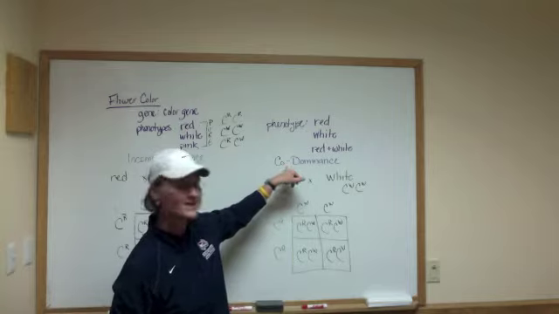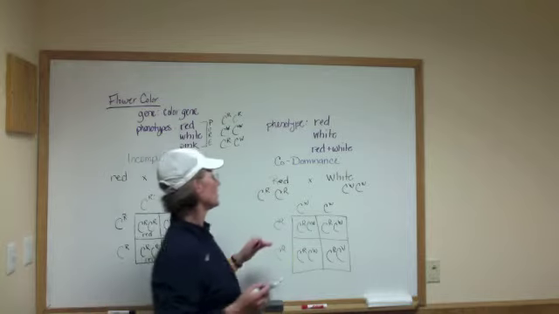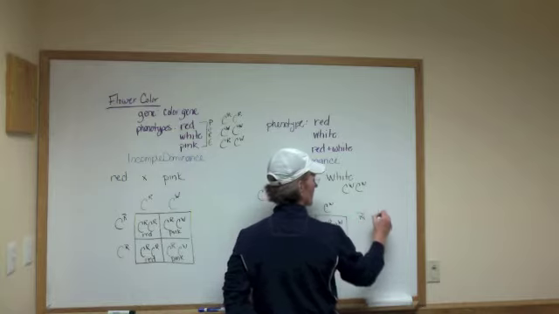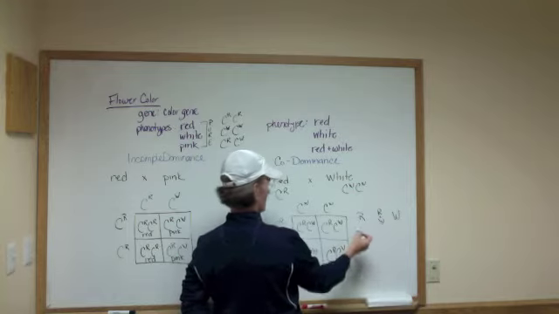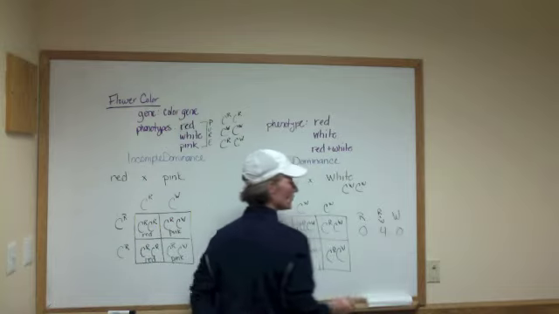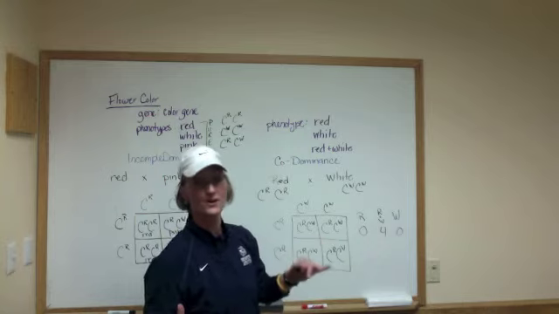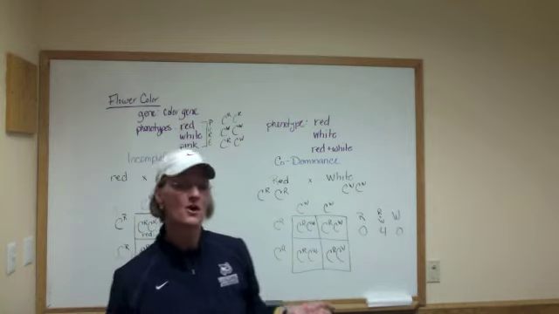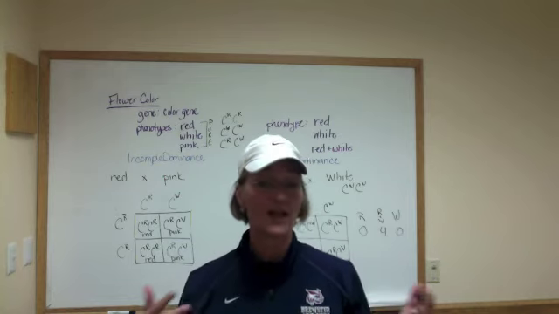If it's codominance, they're all going to have red and white striped petals. So when we take a look at our ratio, how many red, how many red and white, and how many white? We have 0 red, 4 red and white, and 0 white. We have a ratio of 0 to 4 to 0, both genotypically and phenotypically. So that's how you work codominance. So now you and your partner are going to have some problems to work through on your own that take a look at incomplete and codominance.